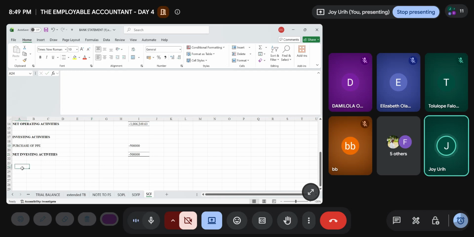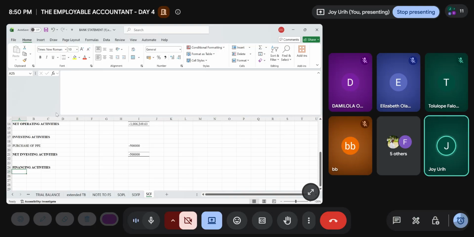So the next category, or the last category, is our financing activities. What we have here is every item that the company uses in acquiring funds for the company.